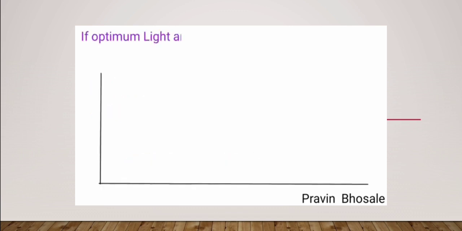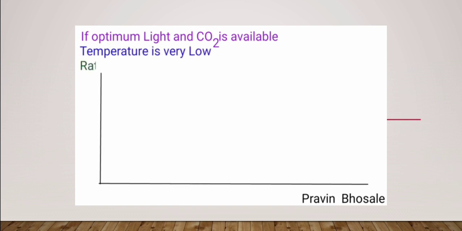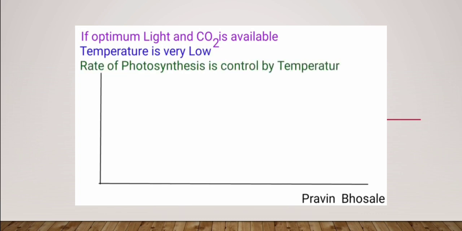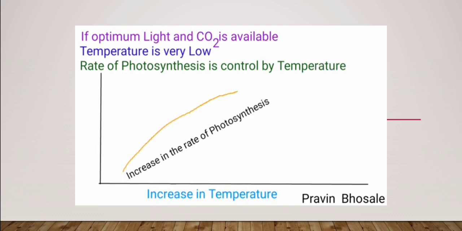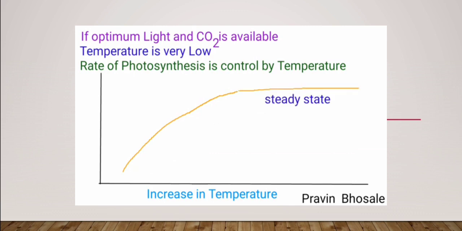For example, if optimum light and carbon dioxide is available and temperature is very low, then rate of photosynthesis will be controlled by temperature. Increase in the temperature, there will be increase in the rate of photosynthesis, and then there will be a steady state.